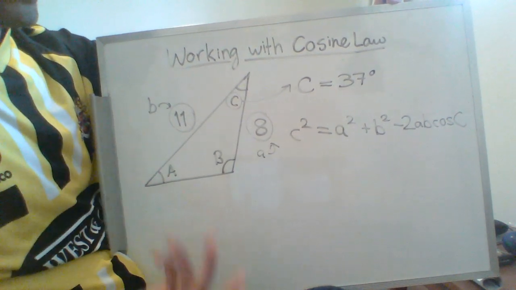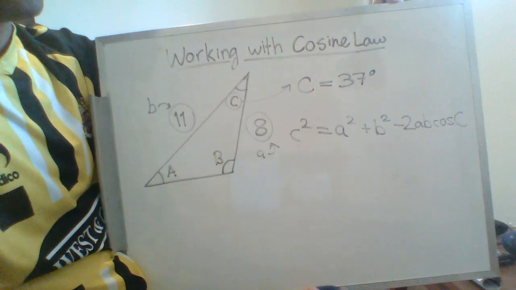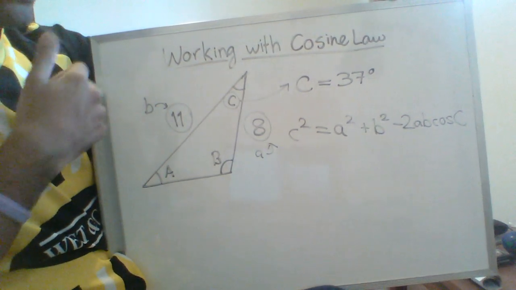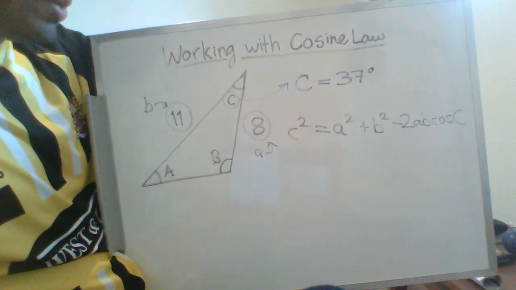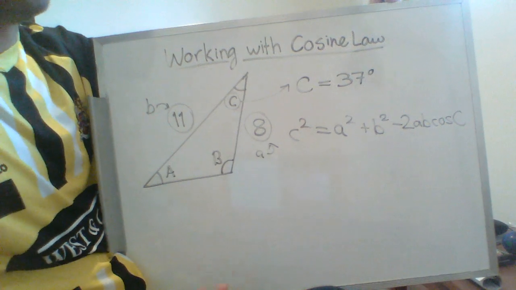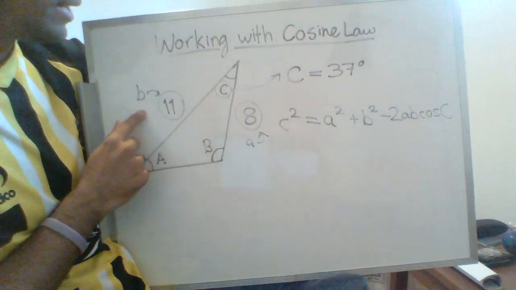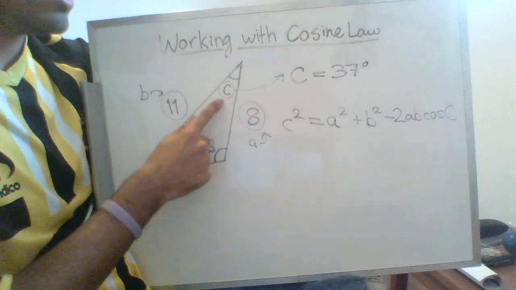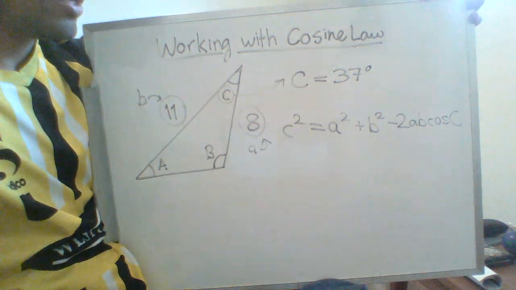But if you have angle A, angle B, and side C, then you don't have enough information yet to use sine law. And if you have side A and side B and angle C, then you don't have enough information to use sine law. So this is where we are right now. We have side A and side B and angle C, but we don't have anything else. So we have to use cosine law to figure out side C.